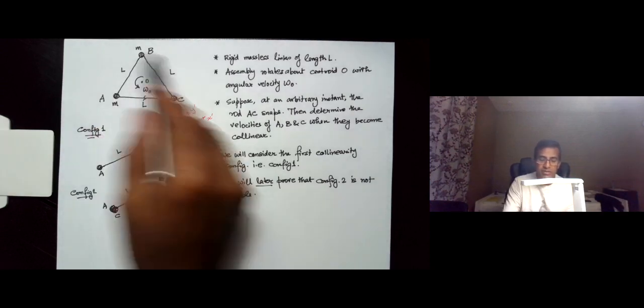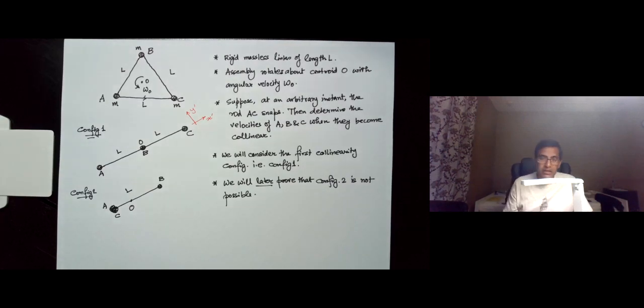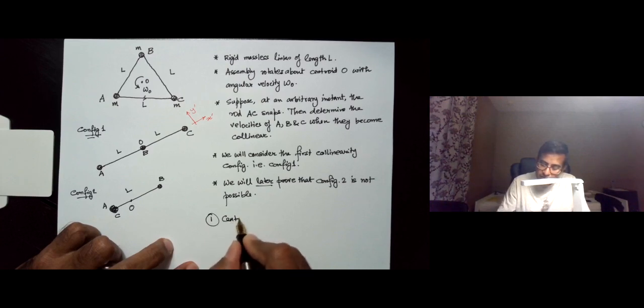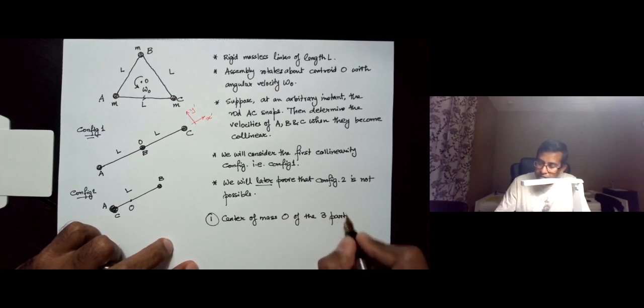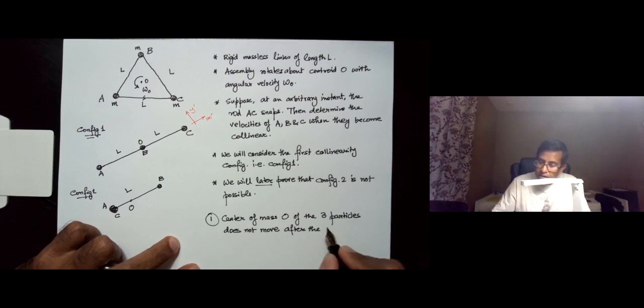However, in the absence of any external force, the center of mass of the three particles cannot move. So we make the first observation that the center of mass O of the three particles does not move after the rod AC snaps.